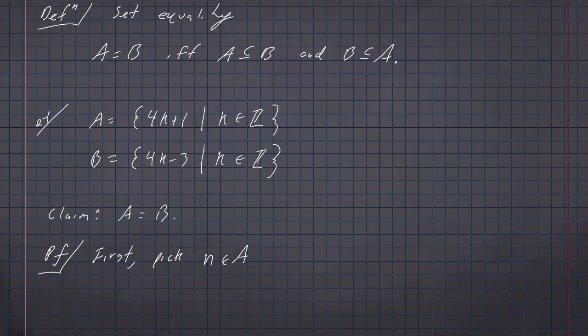So let's first pick a number n out of set A. And our goal here is to show that A is a subset of B. So we pick a value in A, and our goal is to show that it is also in set B.